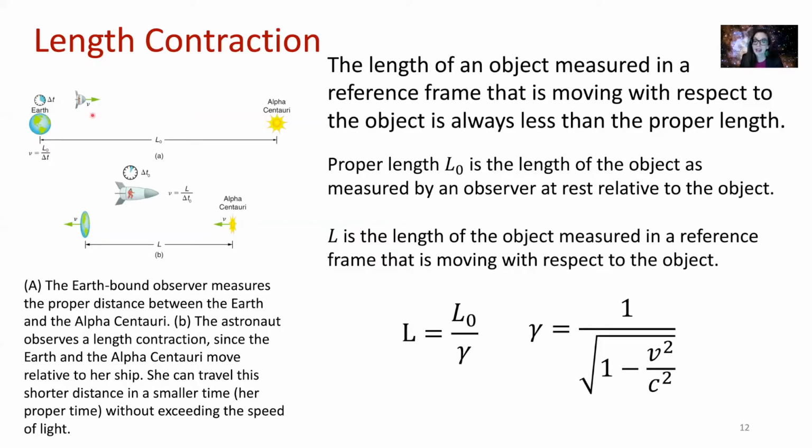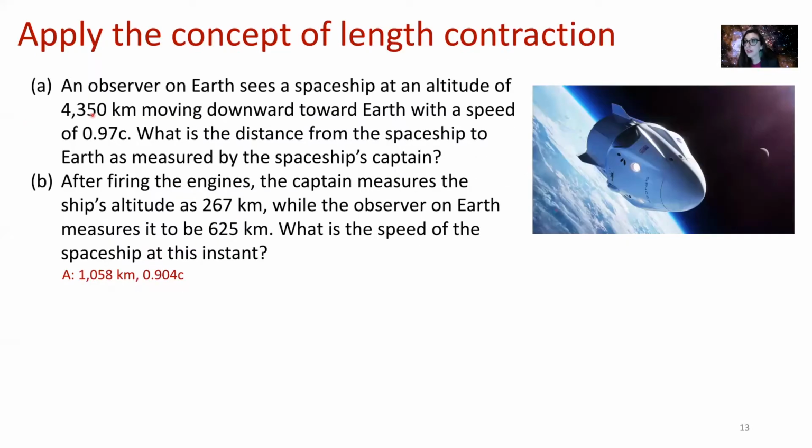We're going to apply the idea of length contraction to a moving spaceship. An observer on Earth sees a spaceship at an altitude of 4,350 kilometers above the Earth's surface, and this spacecraft is moving downward toward the Earth with a speed of 0.97 times the speed of light.